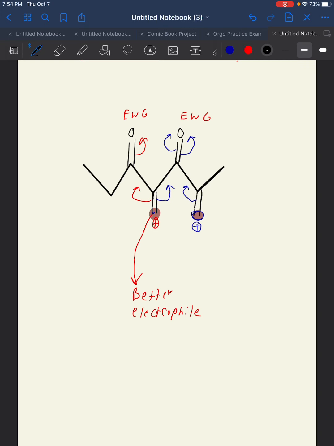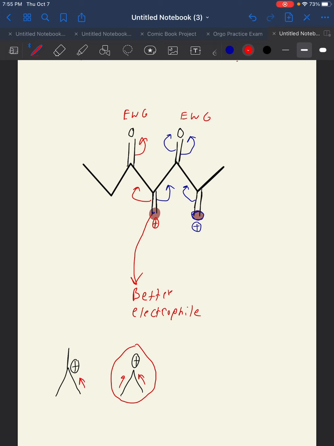So another way to think of this. Let's just do this real quick. Which of these would be the better electrophile? This is the better electrophile because it's less stable than a tertiary carbocation. It has hyperconjugation, where these carbons donate electrons to this positive carbocation.